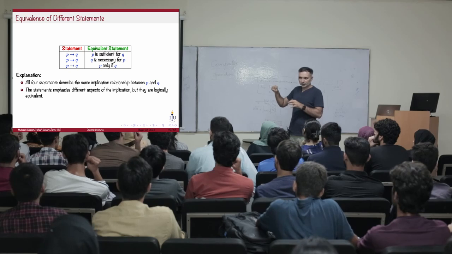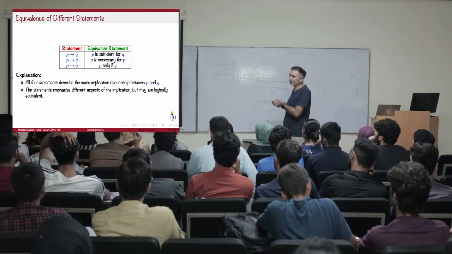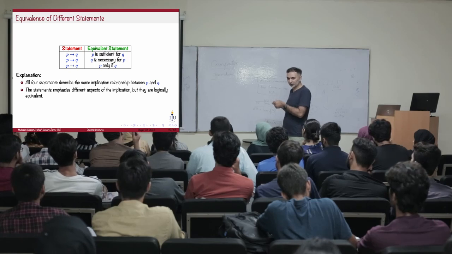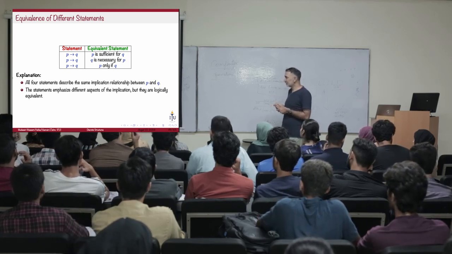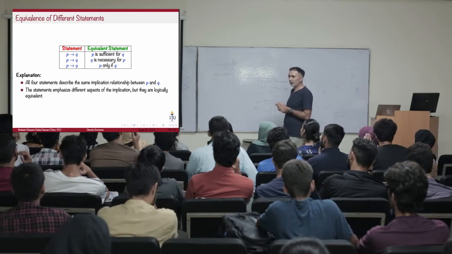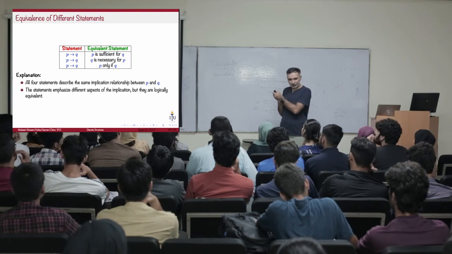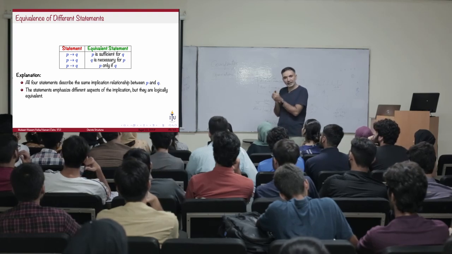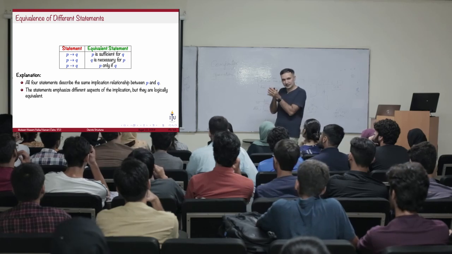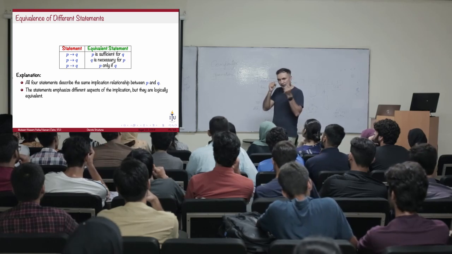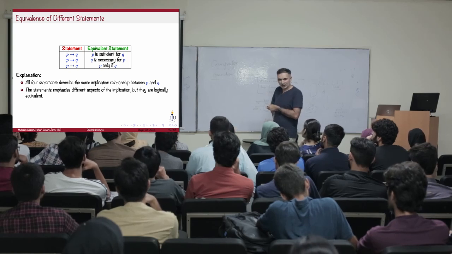So you say that P is sufficient for Q. Sufficient is a key word here; you're going to have to remember it. The second part is Q is necessary for P. That means that if P happens, then Q will necessarily happen too. Q is kind of a necessity. It cannot be that P is true and Q is not true. Q is necessarily true when P is true.